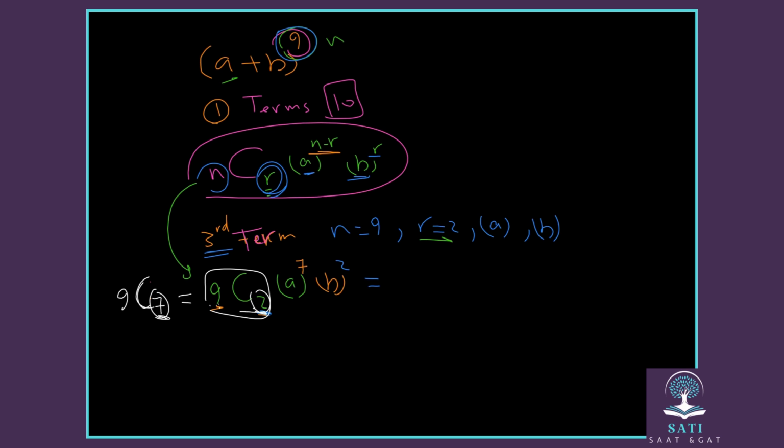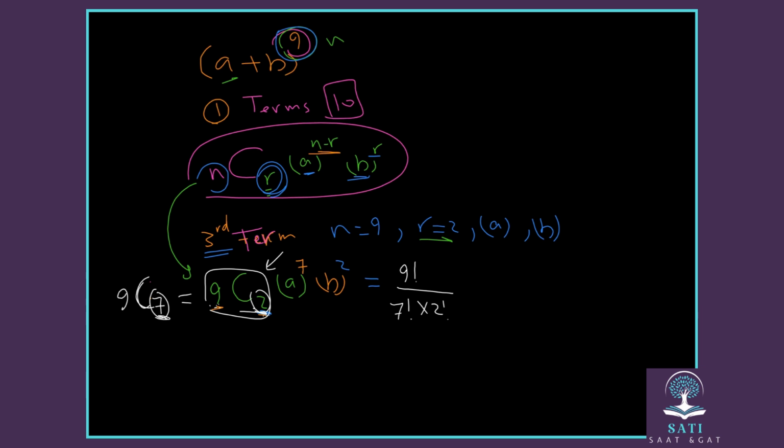It's going to be the same. You can write it in both ways. Now, if we write it this way, as it is written, it's going to be 9 factorial over 9 minus R, which is N minus R factorial, which is 9 minus 2, it's going to be 7 factorial, times 2 factorial.